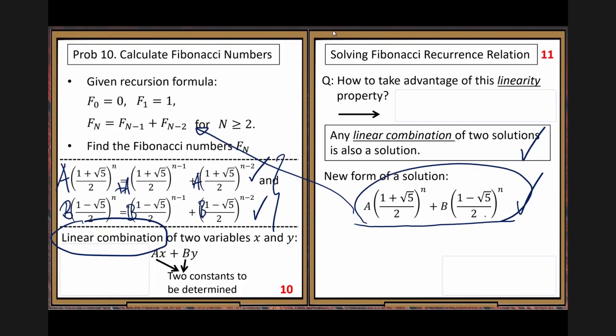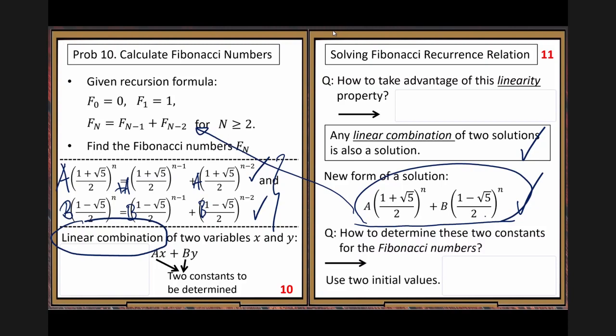Yes. That's the purpose of using these two parameters: so we can determine an appropriate solution satisfying the given initial condition.